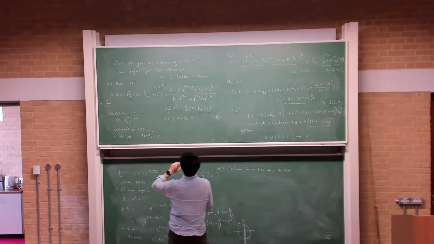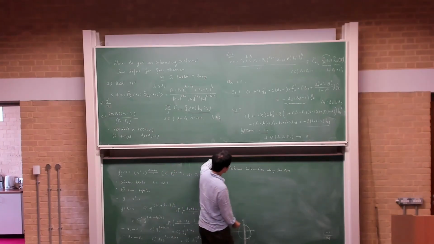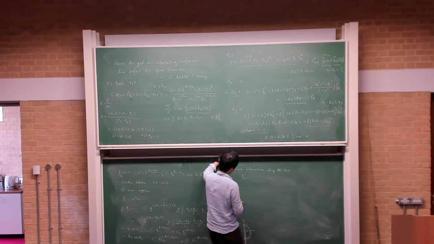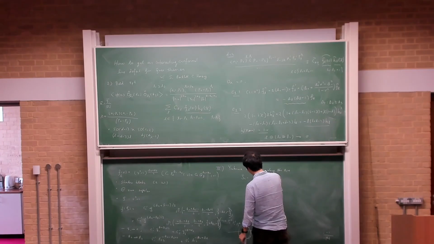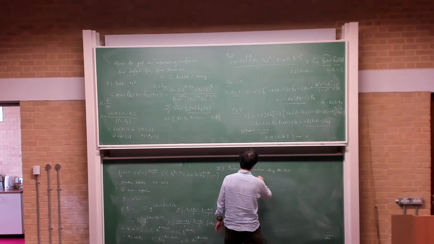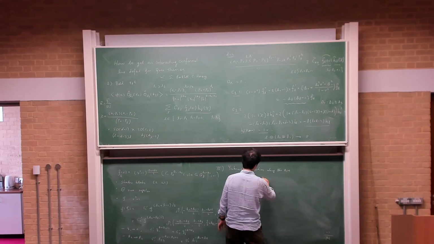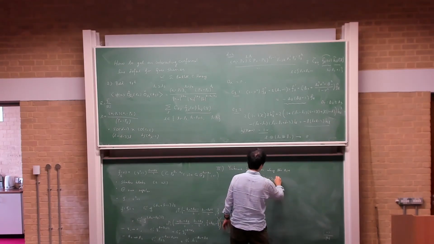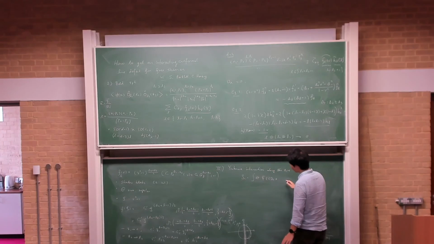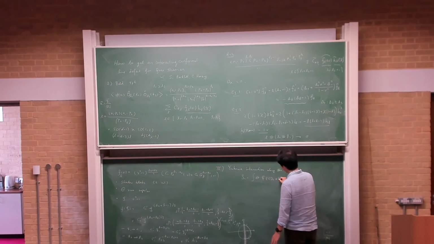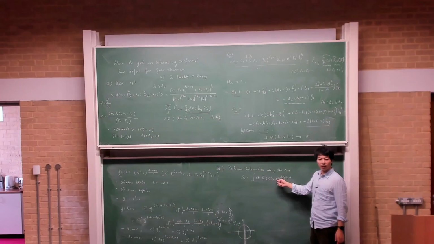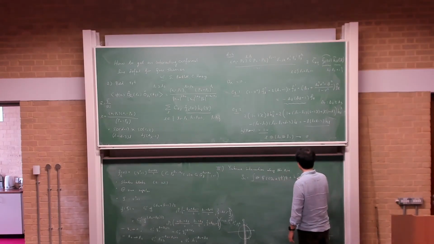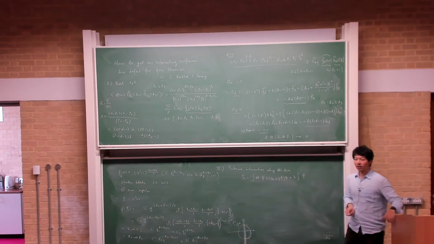In addition to the free bulk action, we can introduce an action on the line, which is dynamical for the fermion, and it interacts with the bulk through the Yukawa coupling term. And in order to give a proper boundary condition for the bulk scalar phi, we introduce also a pinning type of defect.